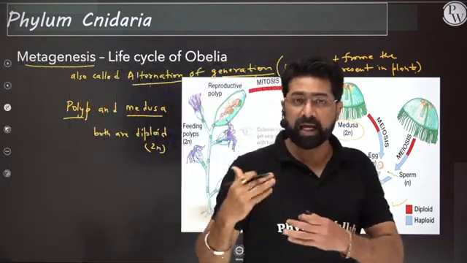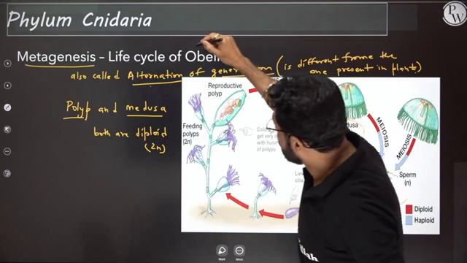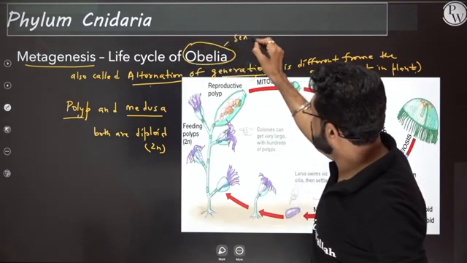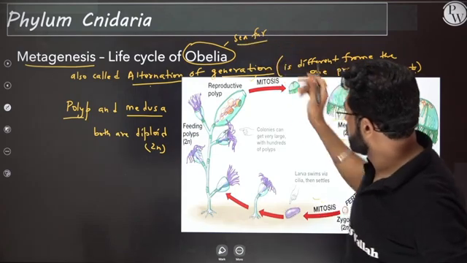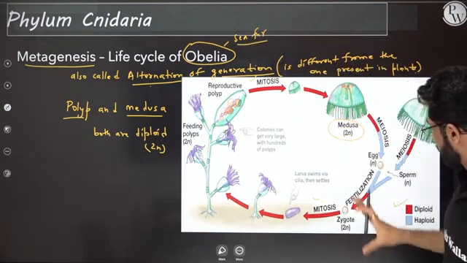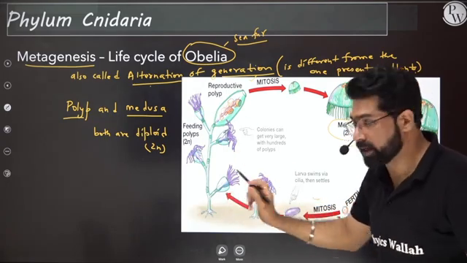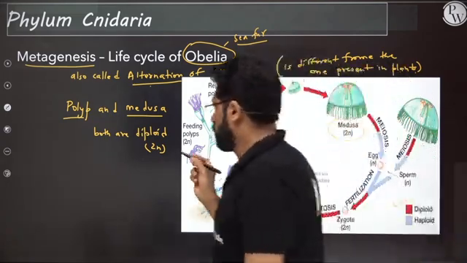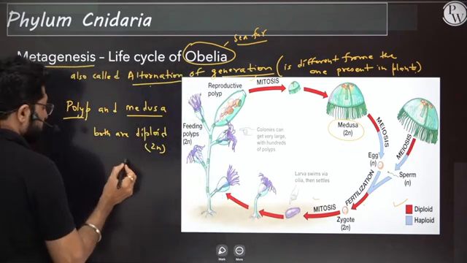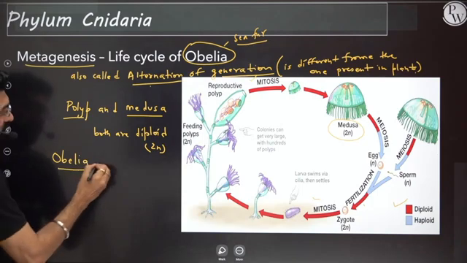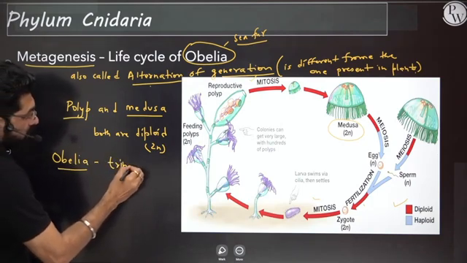Now, what is happening in the life cycle of Obelia? This is Obelia. Obelia is commonly called sea fur. This is the colony of Obelia. A question also came on the colony of Obelia. Obelia has a trimorphic colony.